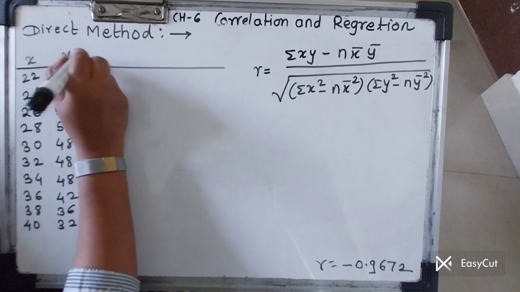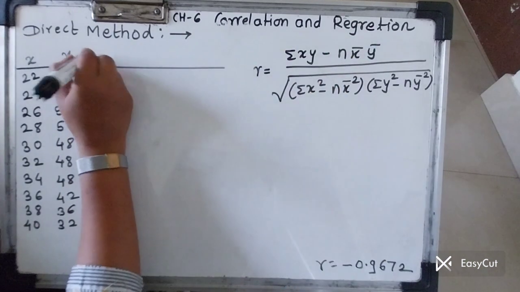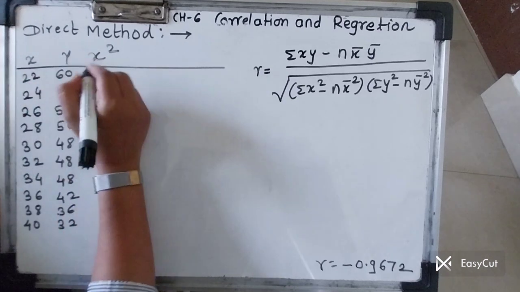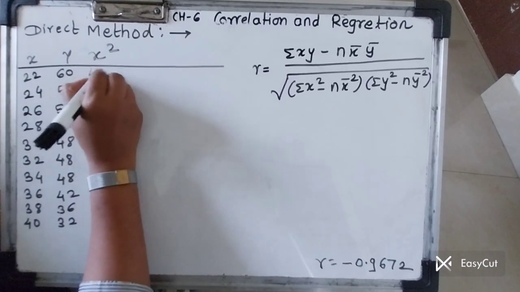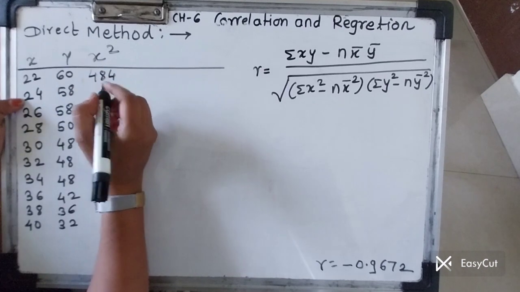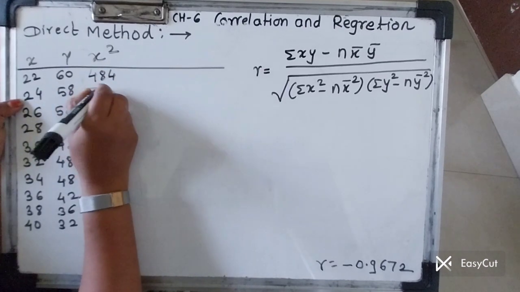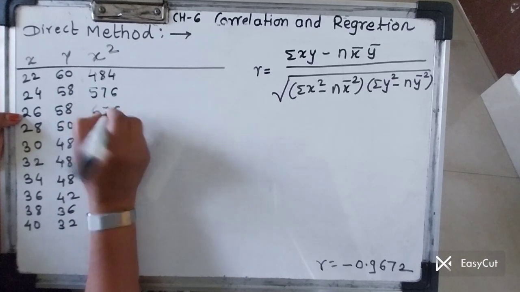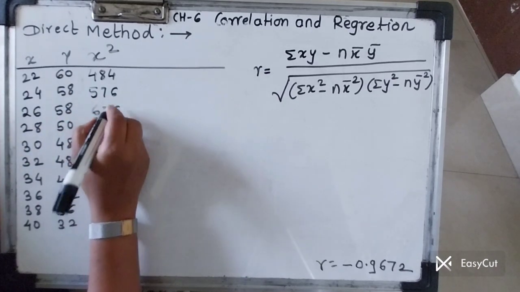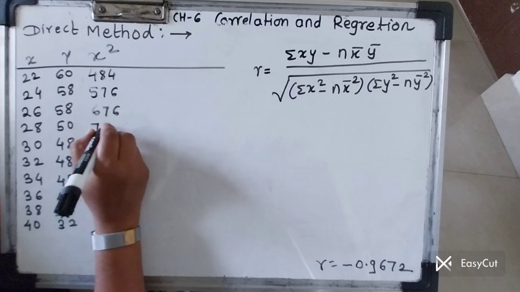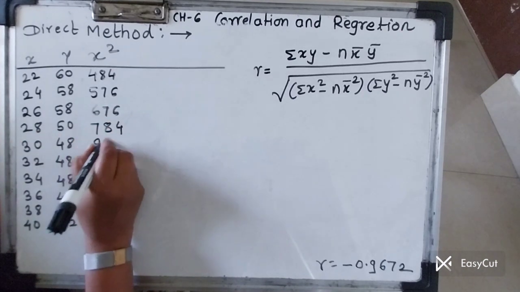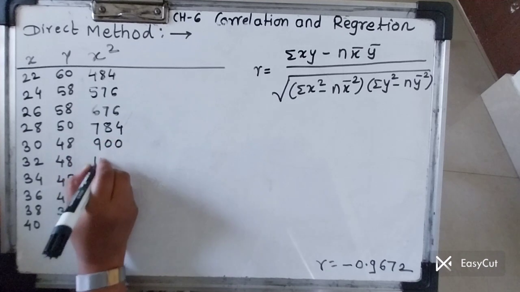Okay, what we want here, x square. Find out first x square. What is x square? 22 square, so it is 484. Okay, 24 square, 576. 26 square, 676. Okay, next, calculator is allowed. Put value in the calculator and find out the squared. Don't worry.